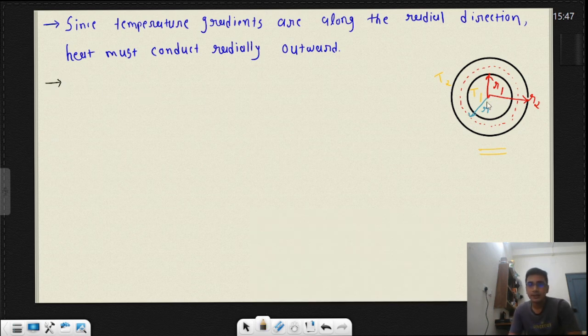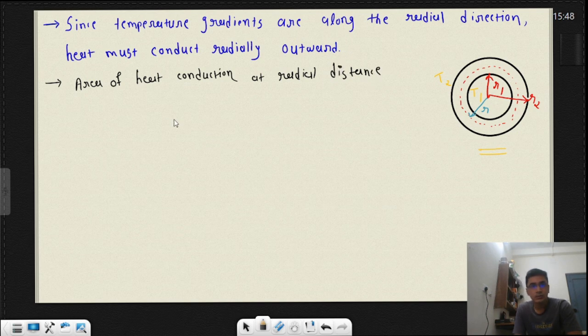At any radial distance r from the center, the area available for heat conduction can be written as A equals 2 pi r L, at any radius r.